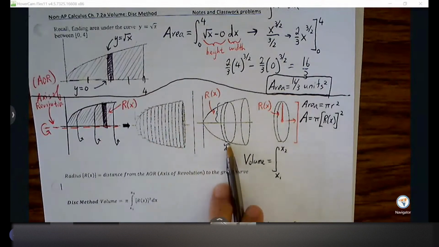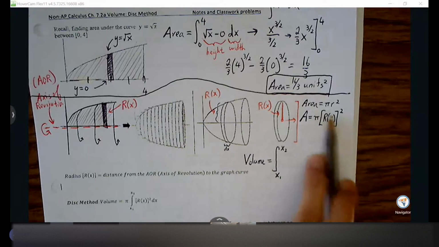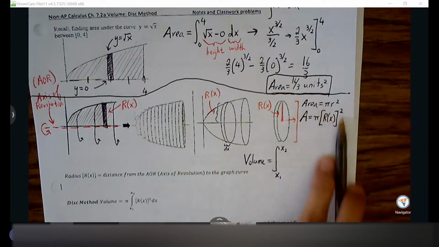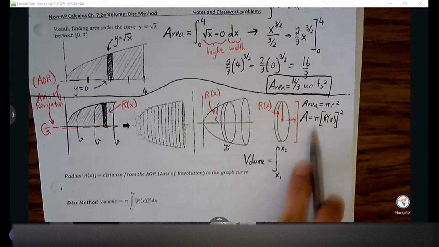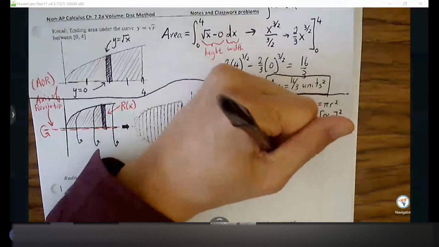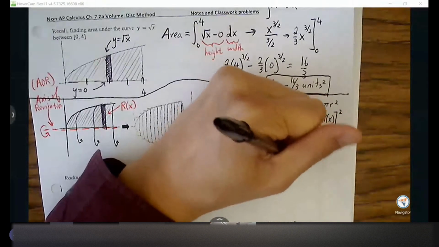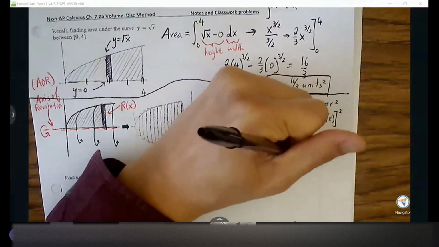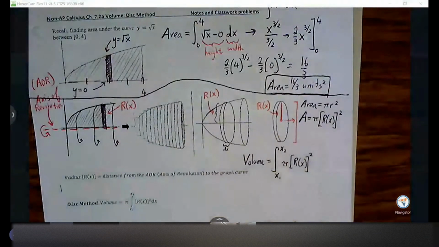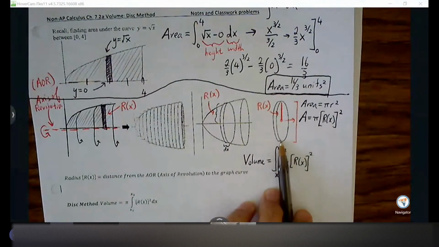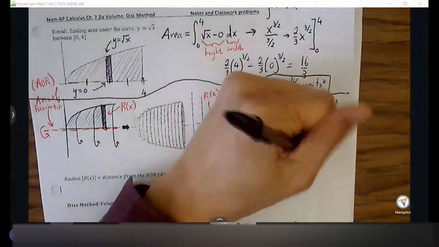Now we're dealing with these cylindrical circular disks. And part of it is going to involve the area of a circle. So pi big R of x squared. But then there's also going to be a width component to give it that depth, right? To give it that third dimension. And that's going to be a dx.